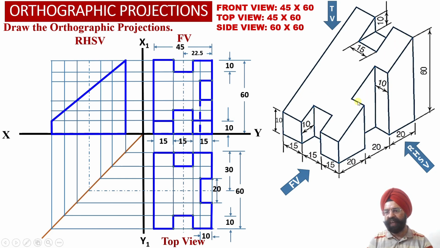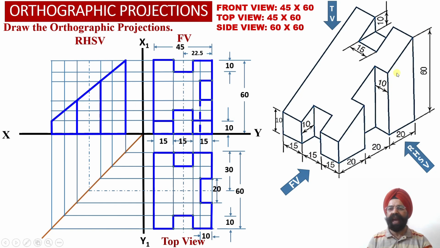Into the side view, this portion will be visible to the observer. This is the boundary of the solid. Corresponding to these two vertical edges, we will be able to see these two vertical edges. This surface is true shape, this surface is true shape, this surface is also true shape.